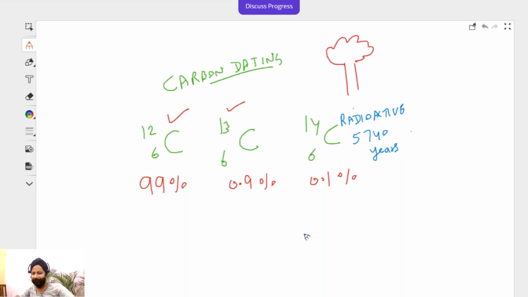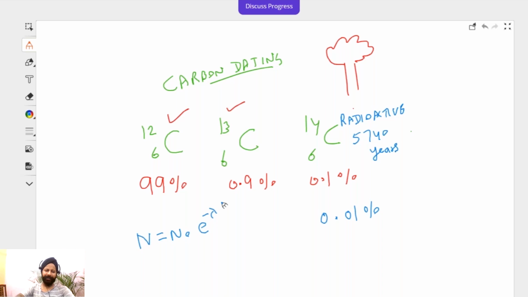Then let's say I find a piece of dinosaur remains and I do the lab analysis and I find this percentage is reduced down to, let's say, 0.1%. Now I can use the expression e to the power minus lambda t.